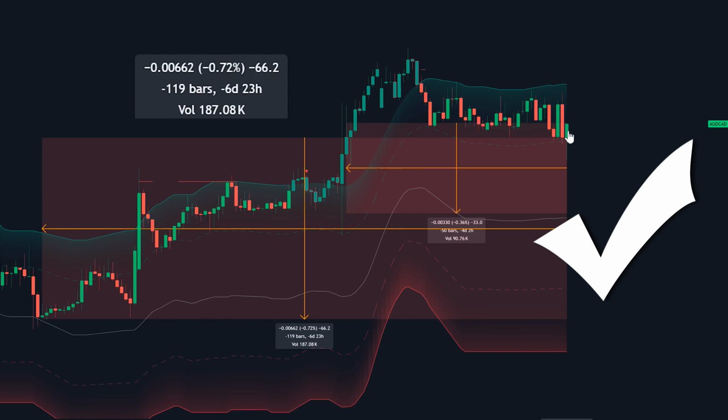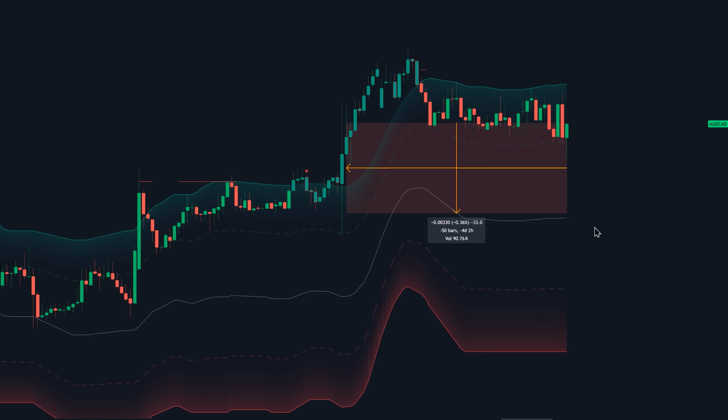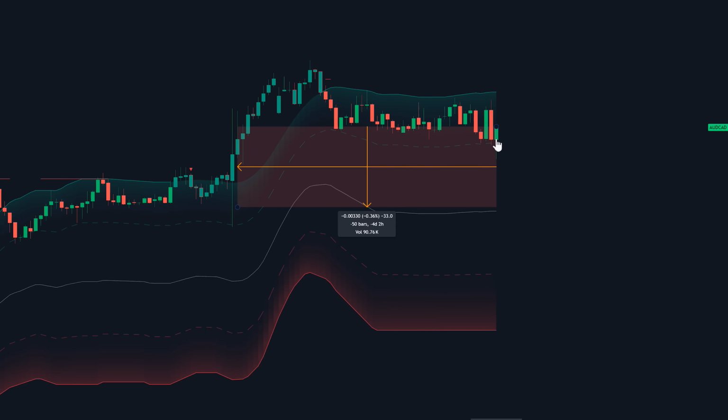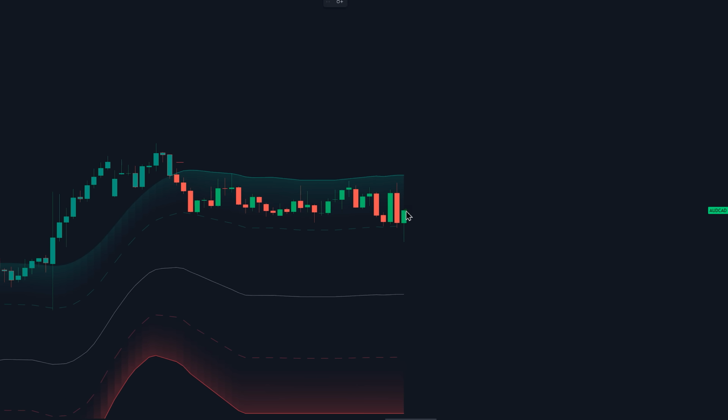Now remember, this minus sign doesn't actually matter. It's just there to indicate that we measured from the present going into the past instead of past coming into the present. Now, having these gaps is actually important because it prevents you from taking trades when the market is just moving sideways. All our entry conditions are met in this candle, so we take a long trade.